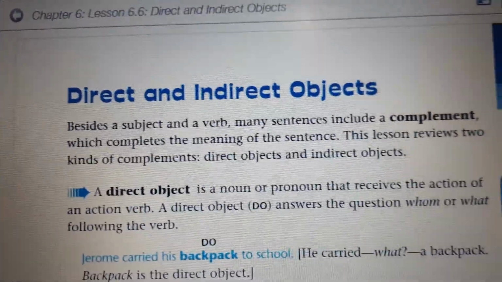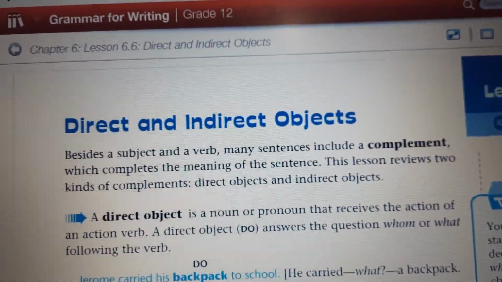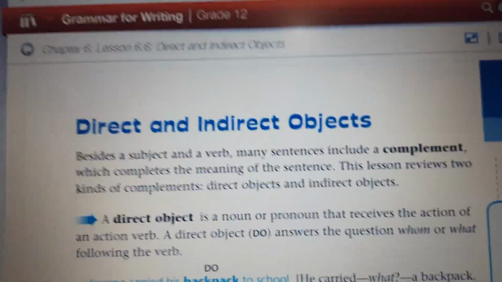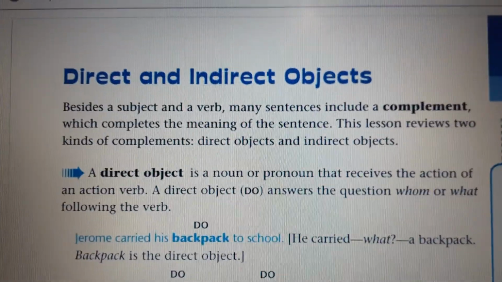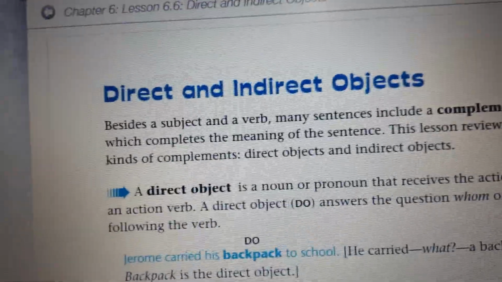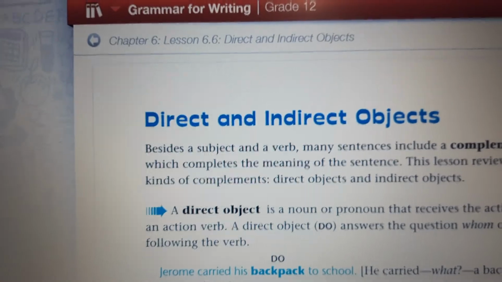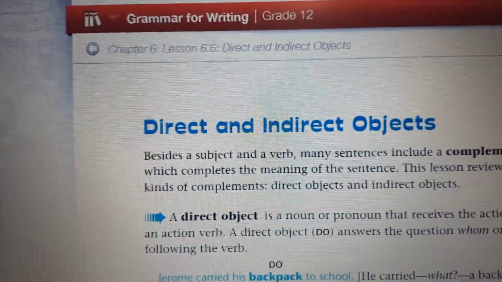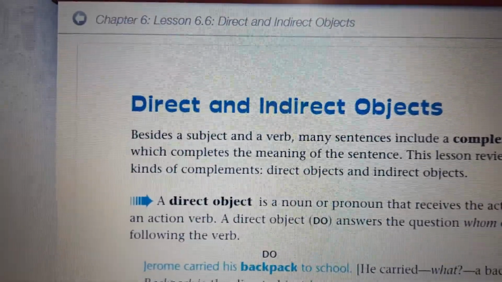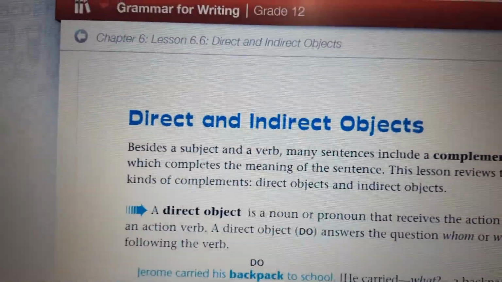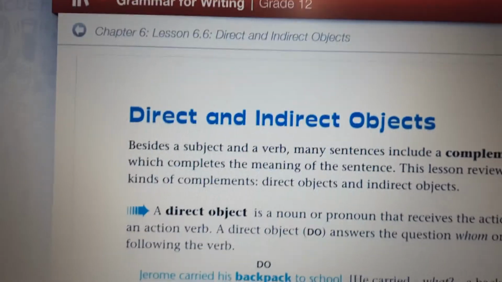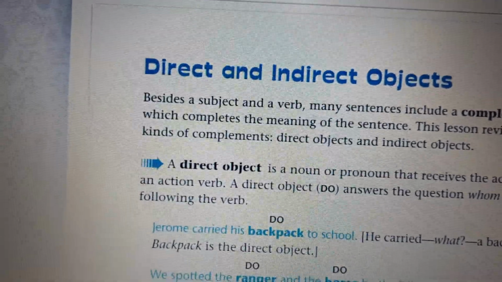We just have to follow some examples, study some examples. I always say that you should study examples because it's so important. Examples are the best way to learn. So here we have direct and indirect objects. Let's see what the meaning of this is, and what the difference between these two is.